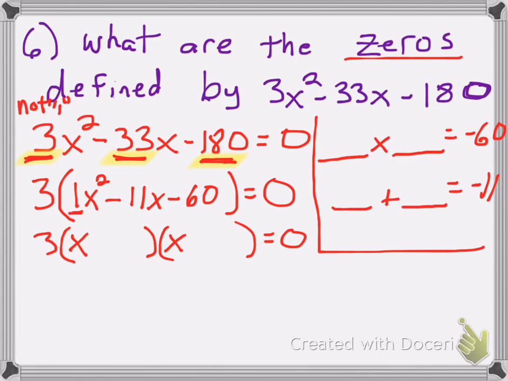Now, instead of letting you try to sit there and guess, I'm going to go ahead and do this for you. -15 times 4 is -60. -15 plus 4 is negative 11. So I'm going to plug in negative 15 and positive 4 here.